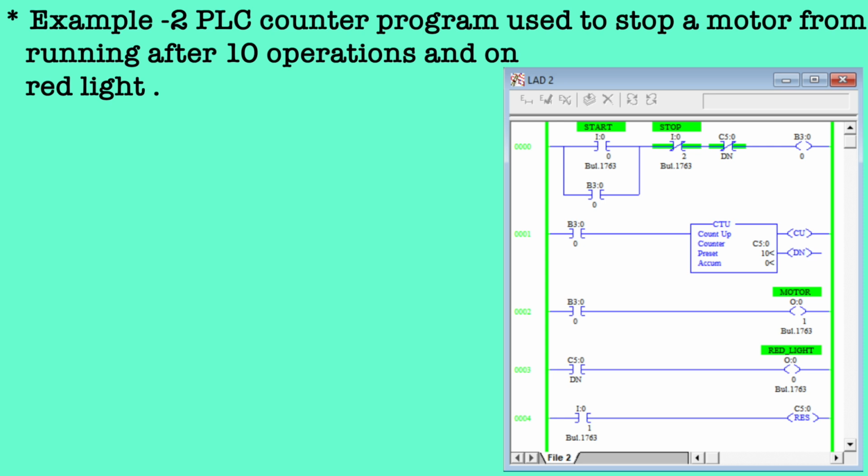As you can see in the ladder programming, we have two input switches. The first one is a start and the second one is a stop. The address of the start button is I colon 0/0 and the address of the stop button is I colon 0/1. In the first rung, these two switches are connected with the binary output, that is B3 colon 0/0.